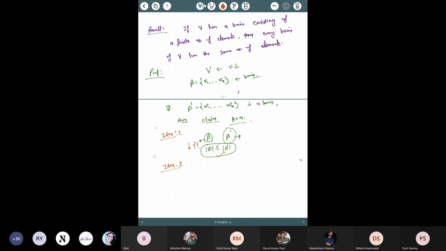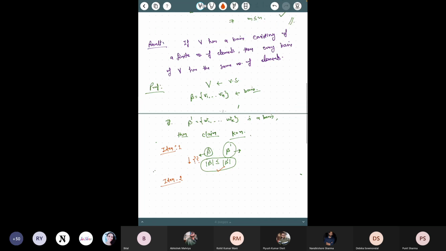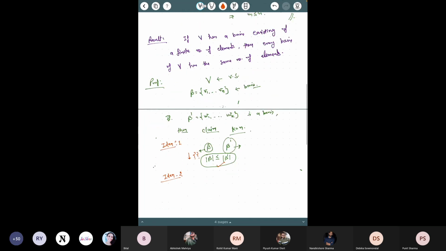And the second idea is that you use the previous result. You know that B is a basis. So basis means it's a spanning set. It's a linearly independent set which also spans the space. So suppose you use B as a spanning set and B dash as a basis. Let me use a different color.